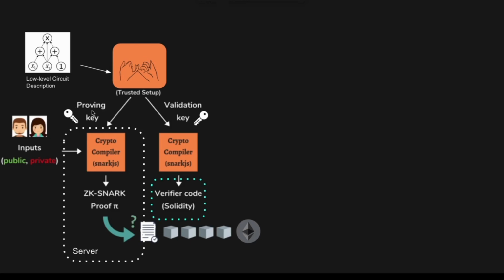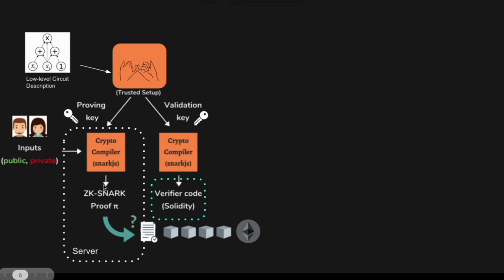So with your proving key, you can call something like snark.js, which has a really good implementation of proof generation algorithms like Groth16. And you want to provide your inputs, private inputs that you're hiding, the witness that will satisfy your circuit, that kind of proves that you know what you know.